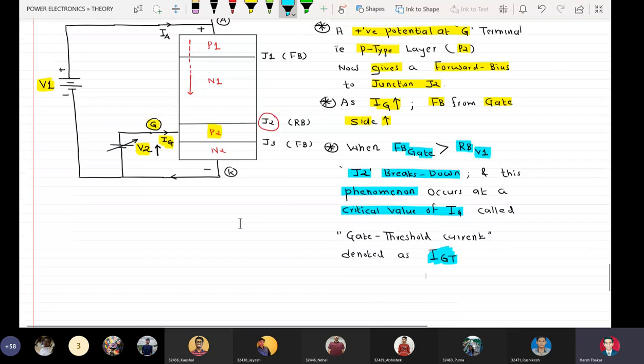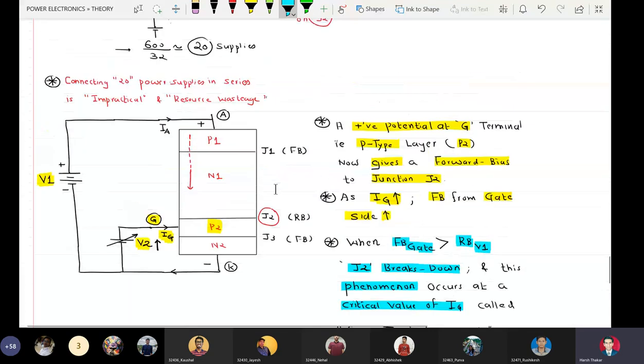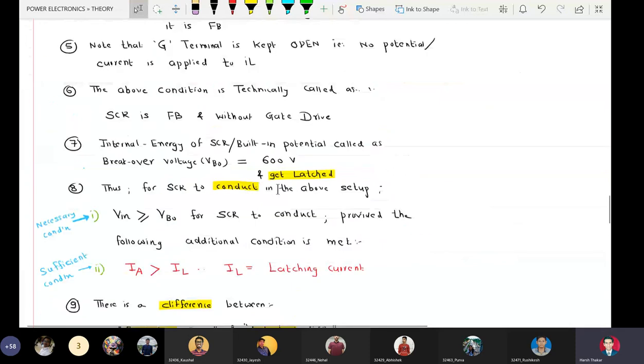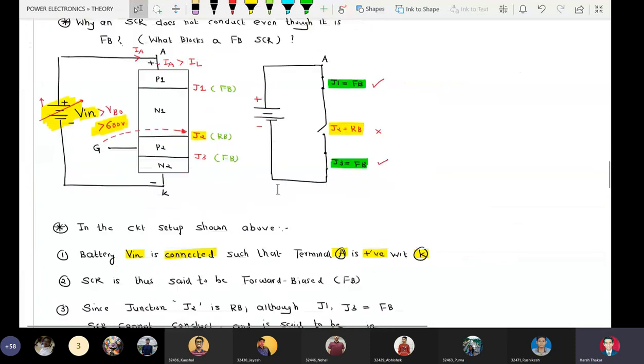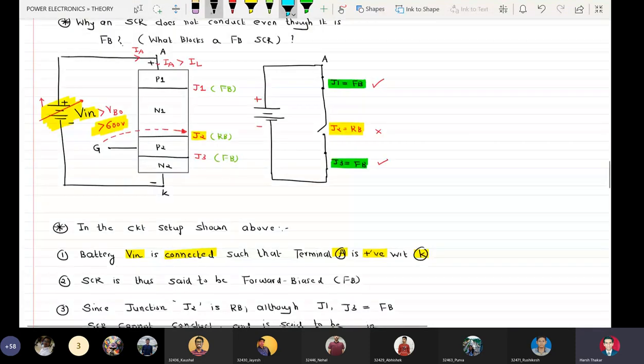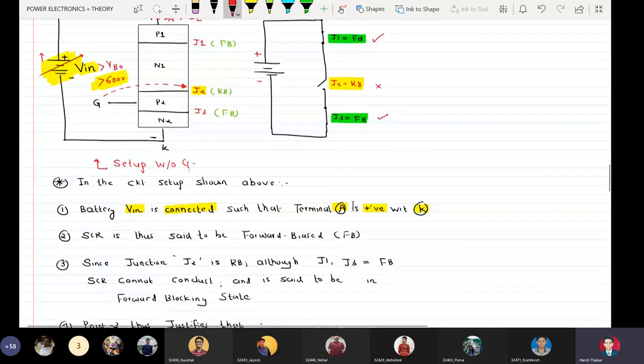Okay, so now we come to one more condition in a new setup. So this is the setup which is called as a setup without gate drive. Okay, so we can say that the above is setup without gate drive.